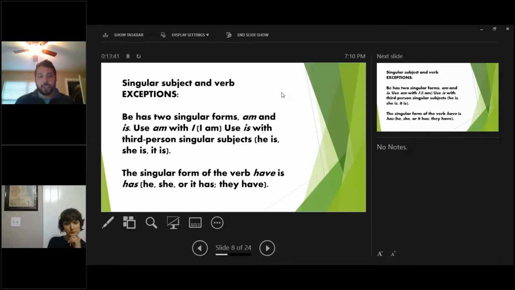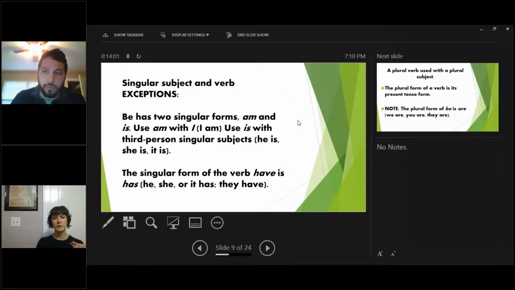Those are the two singular forms for be, am and is. And then, like I said before, regarding have and has, the singular form of the verb have is has. He, she, or it has done, whatever. And if it's plural, then it would be they have. But we'll launch into that in one second here.